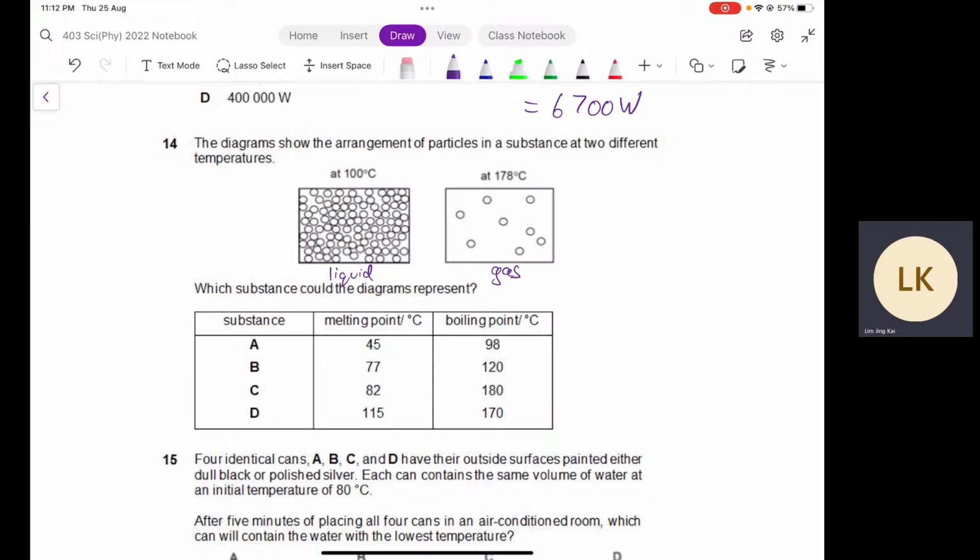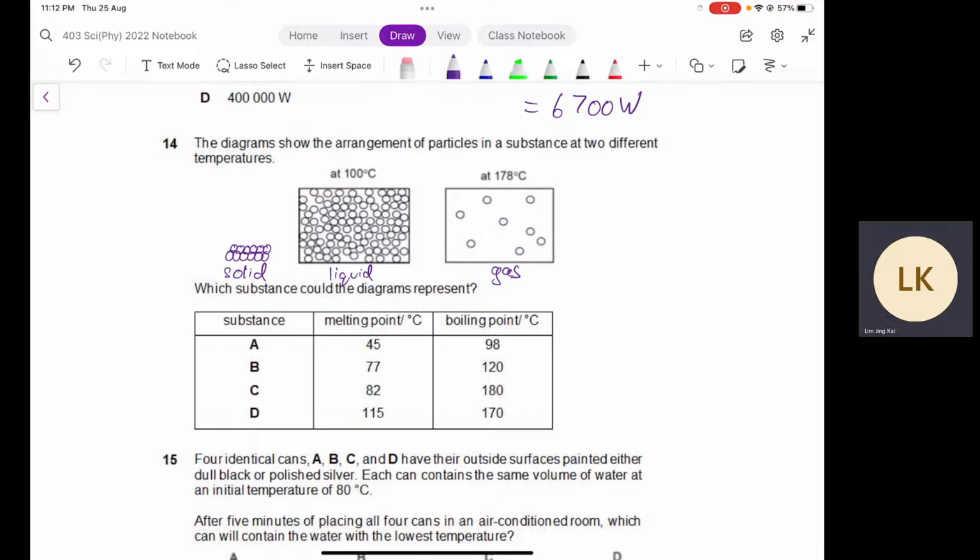You notice that in these areas here, there's still some space in between the particles. Unlike a solid, if I were to draw a solid, it will be shown in this manner where the particles are actually touching each other and show a fixed regular pattern. So solid will look like this.